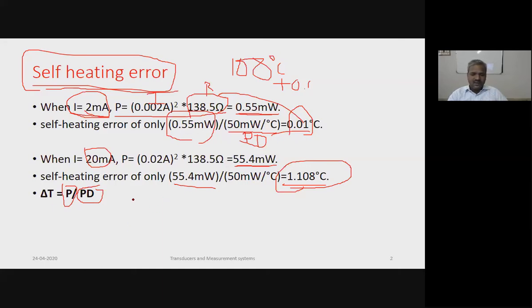The sensitivity of RTD varies from 0.38 to 0.4 ohms per degree Celsius.